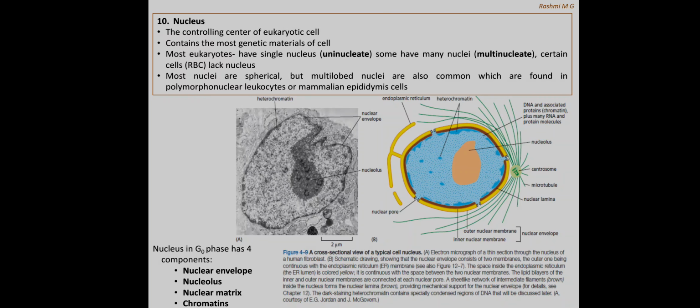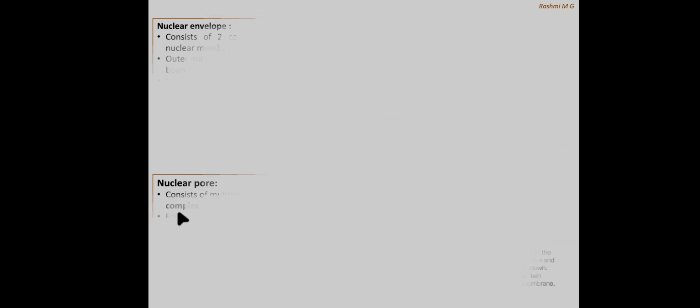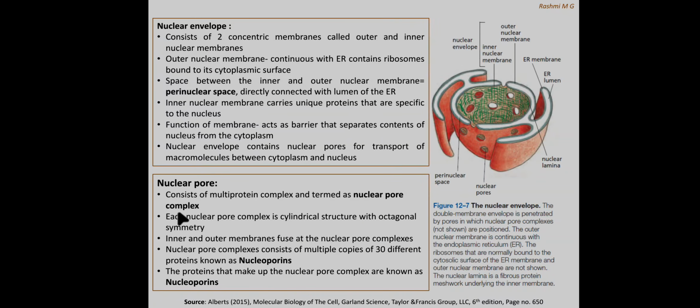Most nuclei are spherical in shape, but multi-lobed nuclei can also be commonly seen in polymorphonuclear leukocytes or mammalian epididymis cells. If we consider the structure of a nucleus in G0 phase, it contains the nuclear envelope, nucleolus, nuclear matrix, and chromatin.